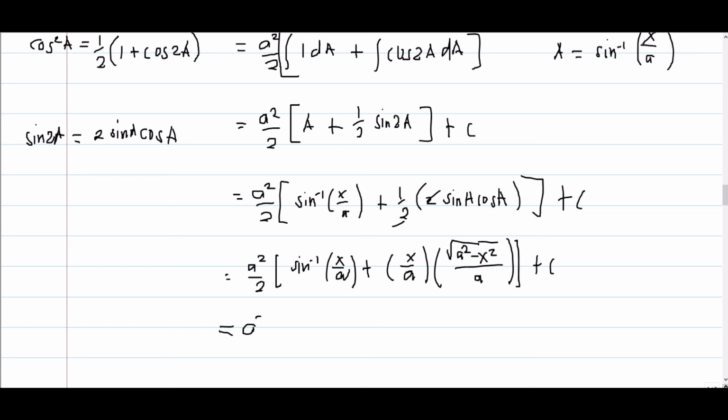This is a squared over 2 sine inverse x over a, then plus a squared here is cancelled. So a times a is a squared. So we have x over 2 times the square root of a squared minus x squared, then plus c. So that is the final answer.